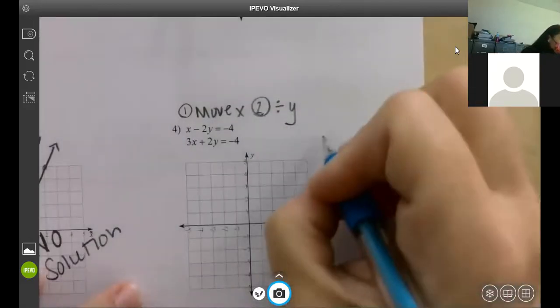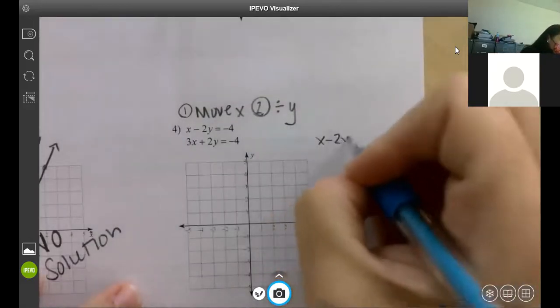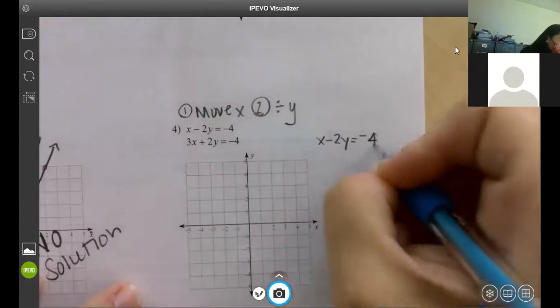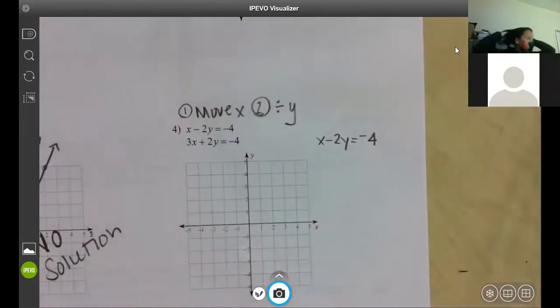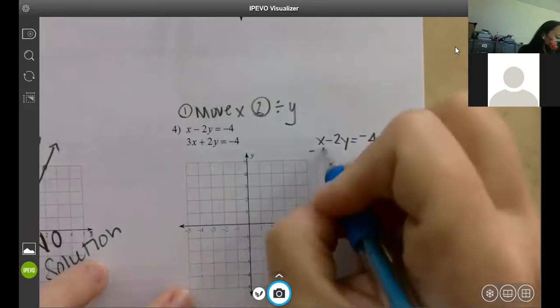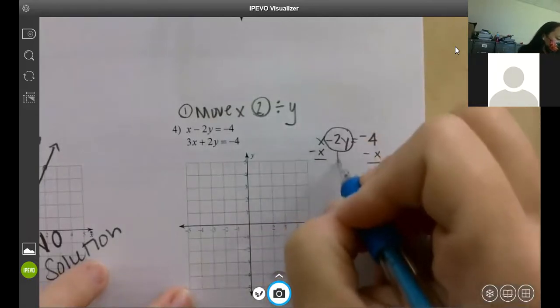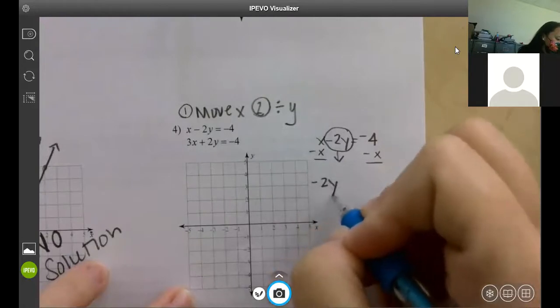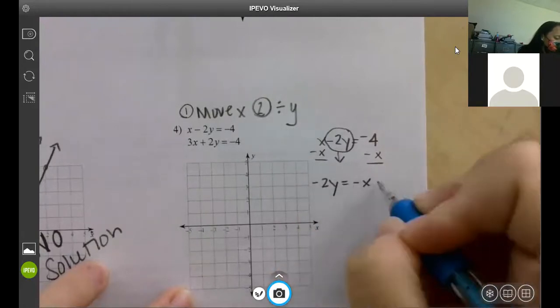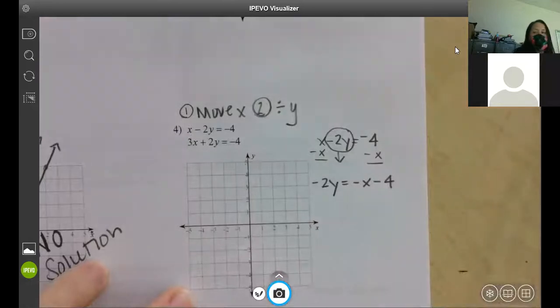So I'm going to do your first one. Do your first equation. How do I move x? Look at it. Minus x. Bring down your whole -2y. You have a -x and a -4. How do you finish solving?